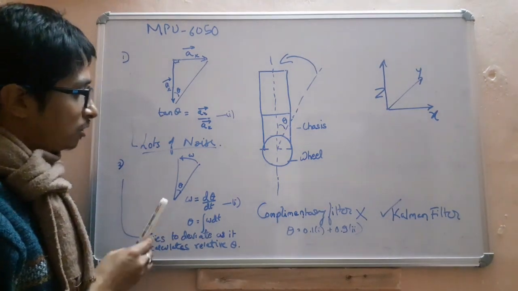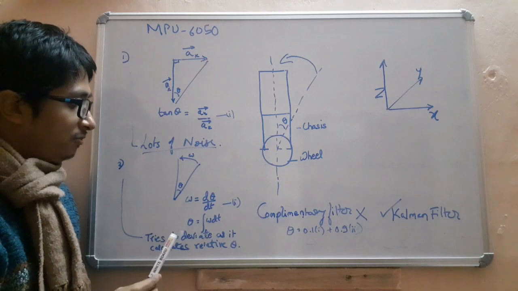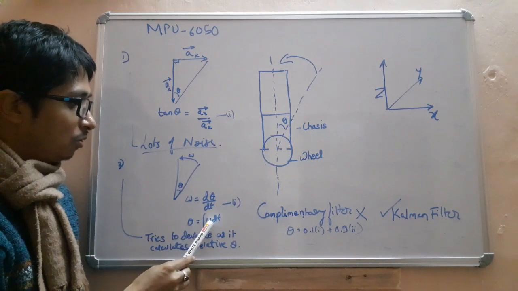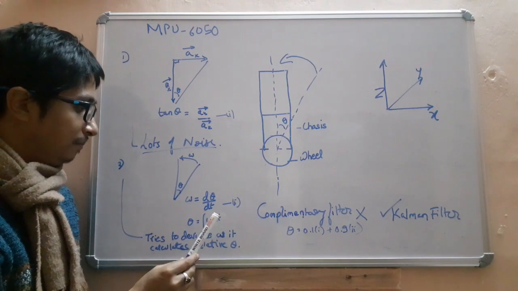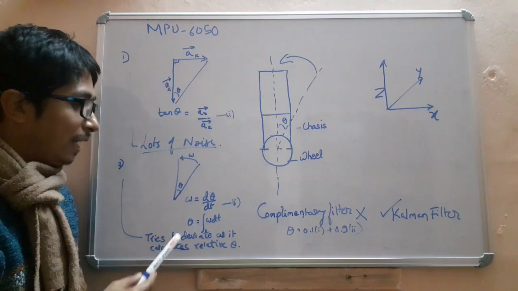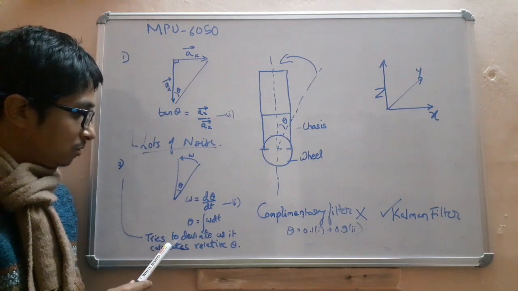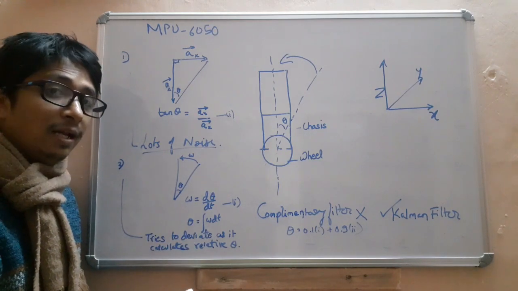Next, if we know the value of omega, that is angular velocity, we can get the value of theta by integrating omega with respect to time. But even by this method, we cannot calculate the actual value always, because this tends to deviate, as it is a relative method.